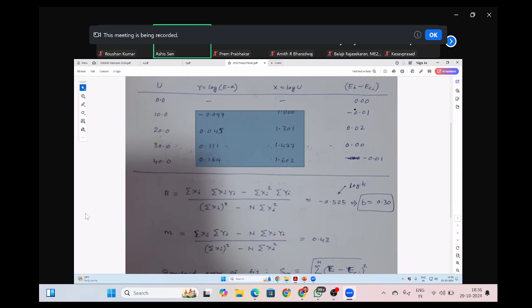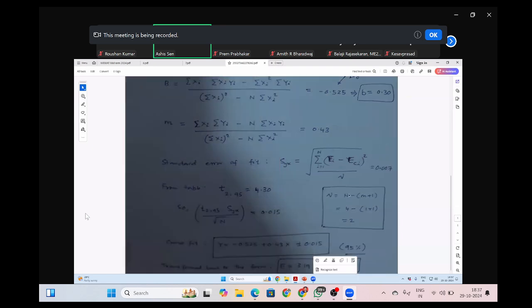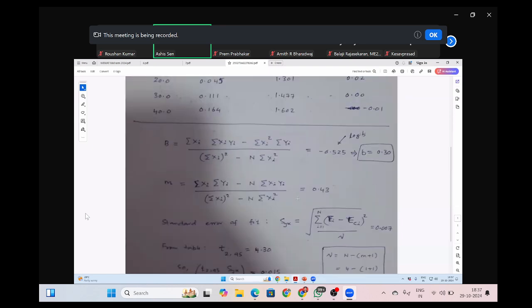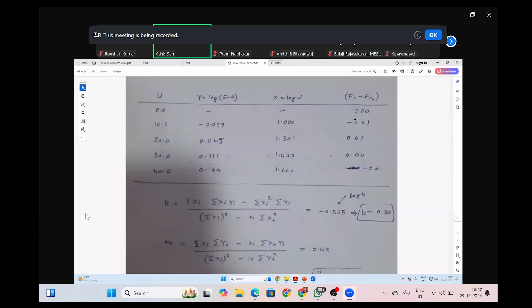So if you substitute these values, if you get r square greater than 0.9, then the fit will be considered to be good. Indeed, this syx and r square are related. When the standard error of fit is very small, it is an indication that your r square will be greater than 0.9. There is a formula that we have studied in the class, and it is only a function of xi and yi. So if you use the formula, you can get it.